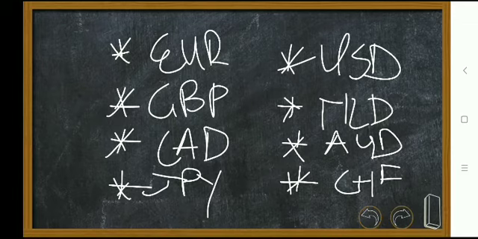Remember, Forex trading involves the trading of currencies. There's commodity trading, trading of indices. You can trade a lot of things online, but Forex deals with currencies. So there's a few of the currencies you'll find on the market.